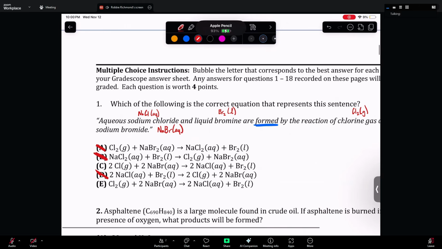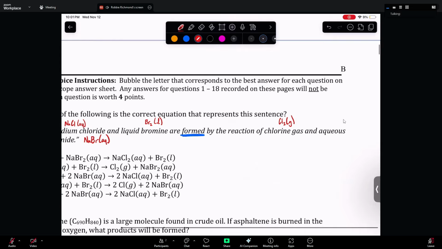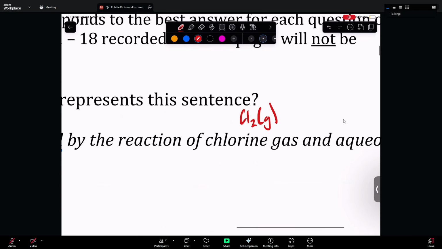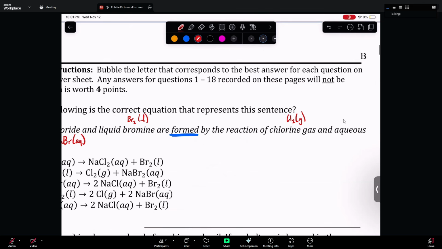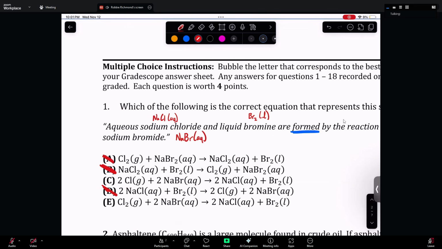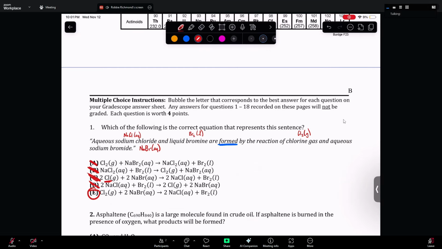Now, let's look at our reactants. We have Cl2 gas, which, by the way, is a diatomic element, and aqueous sodium bromide. So I see in answer choice C that we don't have chlorine in its diatomic form. So by process of elimination, that brings us to answer choice E. Alrighty.